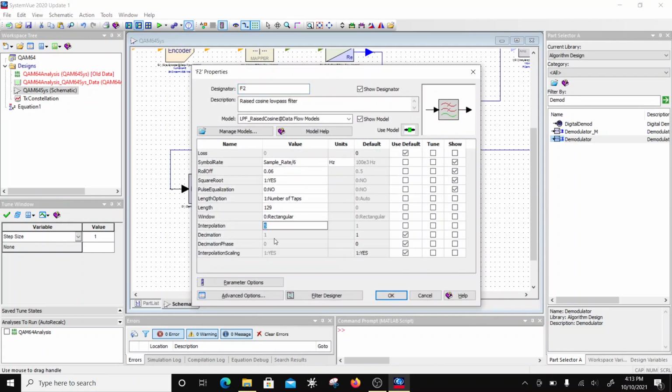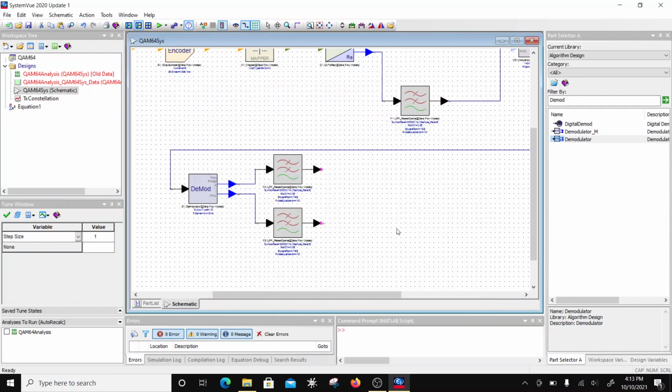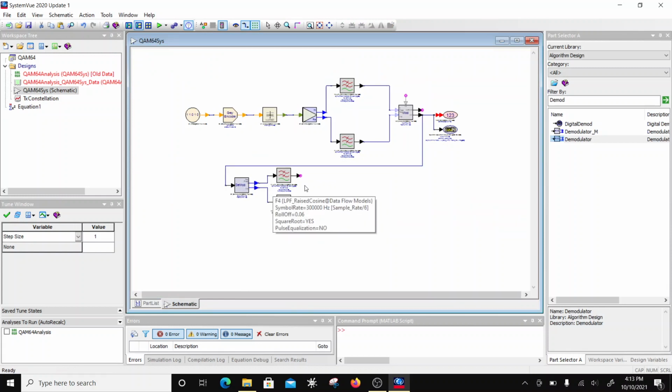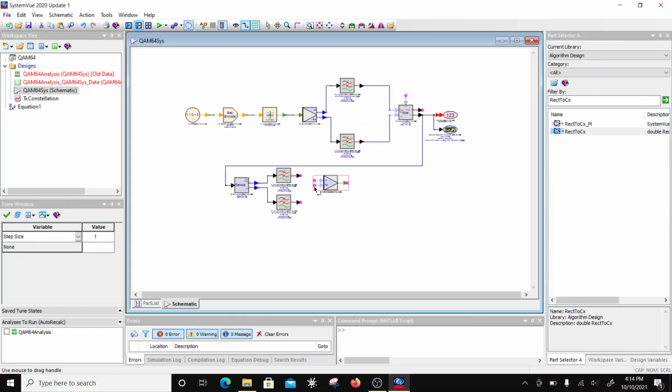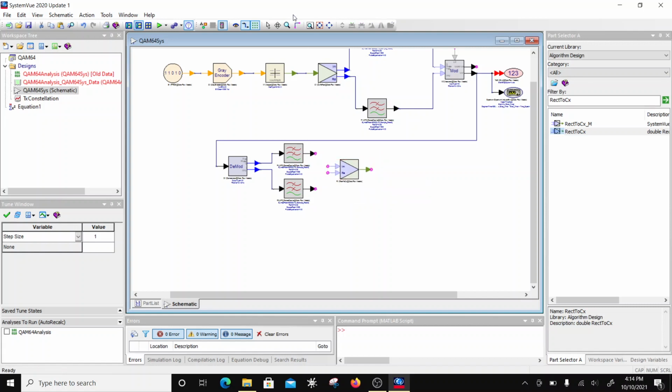Similarly here, decimation is 5, decimation phase is 3. Okay, so now we have the IQ channels, and they are basically just doing decimation, right? Now next is going to be something which converts rectangular to complex, right? So that will give me a complex out here. That's going to give me a complex out here.